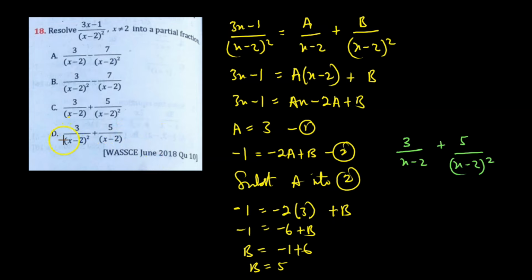We have 3 over (x minus 2) all squared, and then 5 over that, and that is not it. So you should be very careful when you are selecting. Per the arrangement we made, it's supposed to be 3 over (x minus 2) plus 5 over (x minus 2) all squared. So you should be very careful as to how you arrange and select. So the answer is possible answer C and not D.